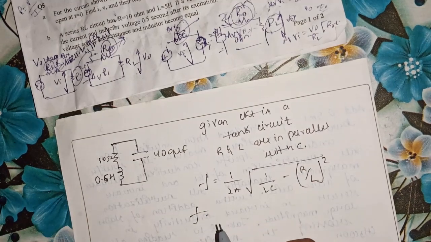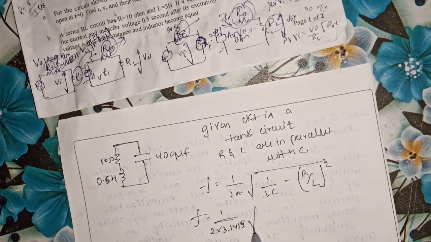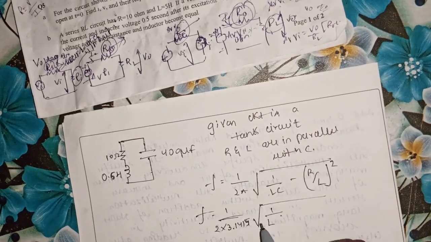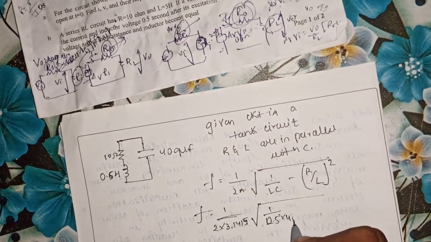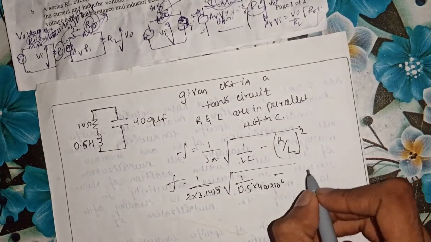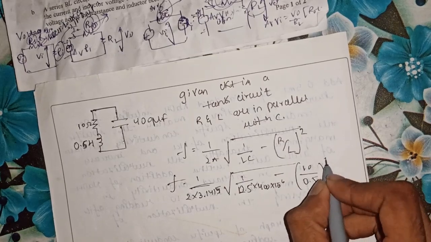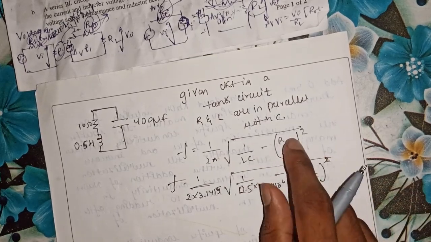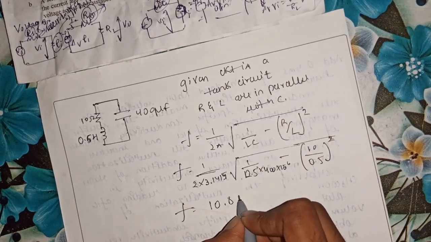On substituting, you get 1 by 2 pi root of 1 divided by L, which is 0.5, multiplied by 400 microfarad, that is 10 to the power minus 6, minus resistance R, 10 ohm, divided by inductance value 0.5, to the power whole square. Obviously the square root applies to both the terms. So on calculating you get the value equal to 10.8 hertz.